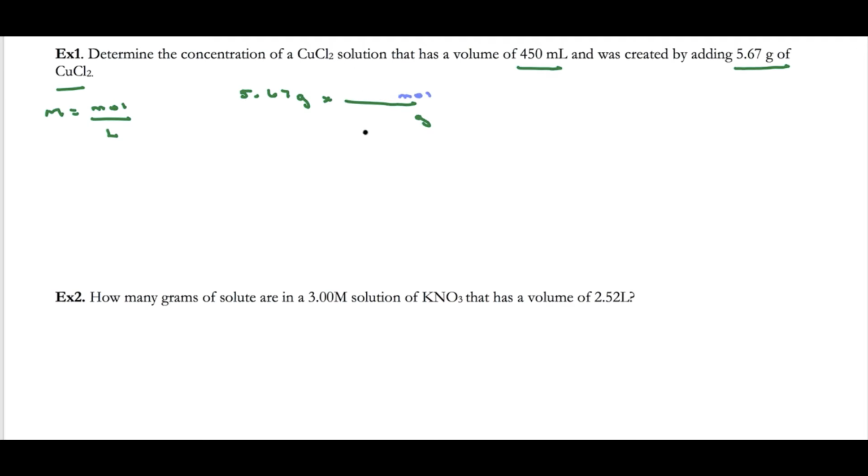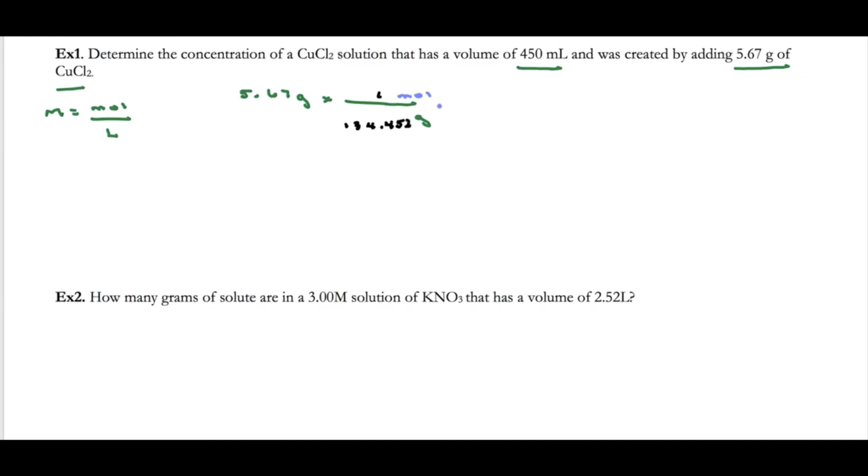Okay, and to do that, grams to moles, that is my molar mass. So I need to take the molar mass of copper, which is 63.546, and I'm going to add to that the molar mass of chlorine, which is 35.453, multiply that by 2, and I get my molar mass of 134.452 grams for every 1 mole.